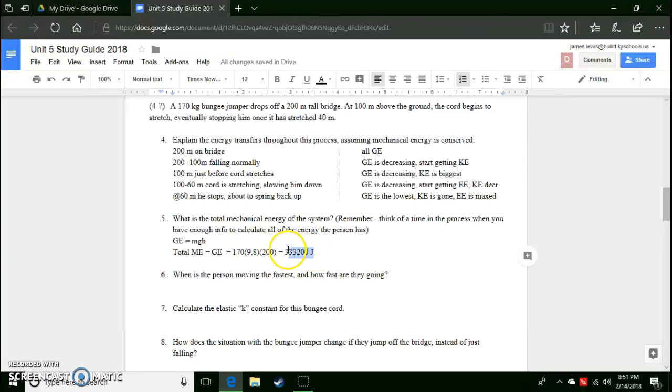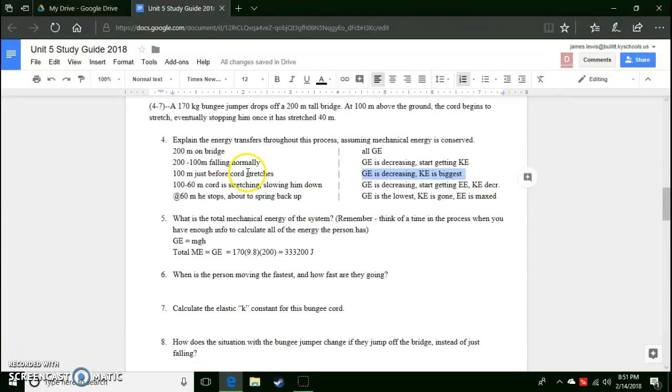So this number is the total mechanical energy forever in this whole process. The GE and the KE in that second span better add up to this total. And in number 6, the most relevant part, where kinetic energy is the biggest, answers the first part of the question: when is the person moving fastest?